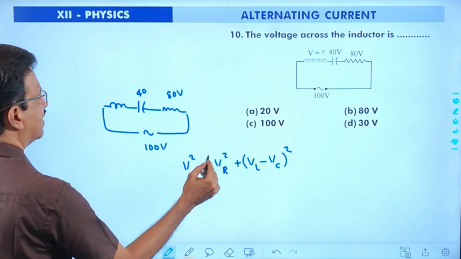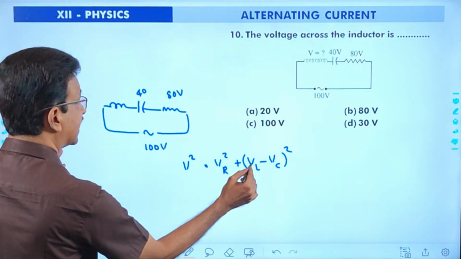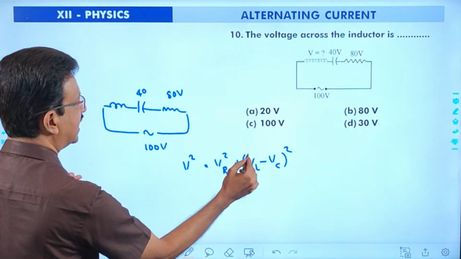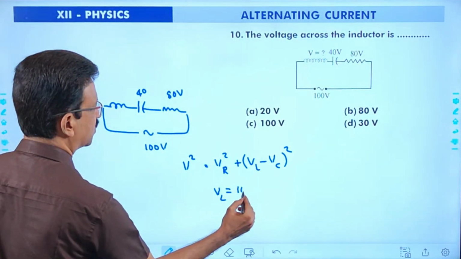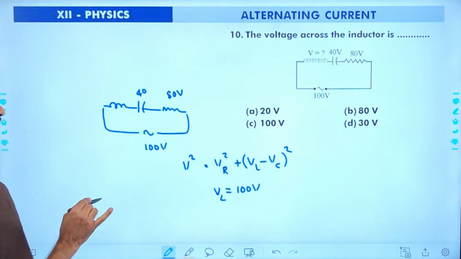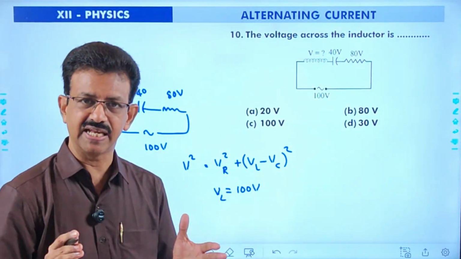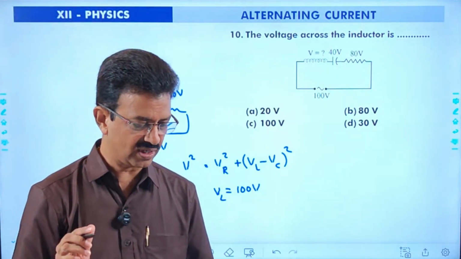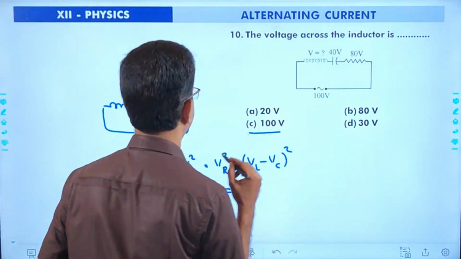Supply voltage 100, voltage across the resistor 80, voltage across the inductor unknown, this is 40. Therefore, the value of VL, voltage across the inductor, should be 100 volt. Then the equation will be satisfied. Therefore, the voltage across the inductor is 100 volt. That is, the correct choice is C.